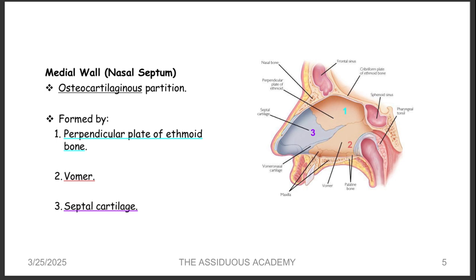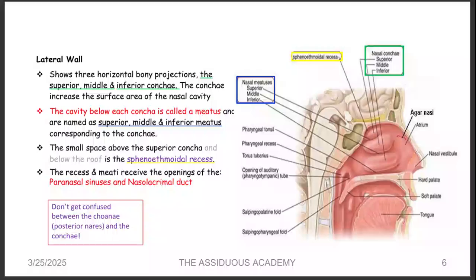You have got the perpendicular plate of the ethmoid bone. Remember, the ethmoid bone, we have got on top here the cribriform plate of the ethmoid. This is known as the perpendicular plate, like it's perpendicular. Okay, and then number two there is the bone which you call the vomer, and then number three is now the septal cartilage. So these are the three structures that will form up the septum.